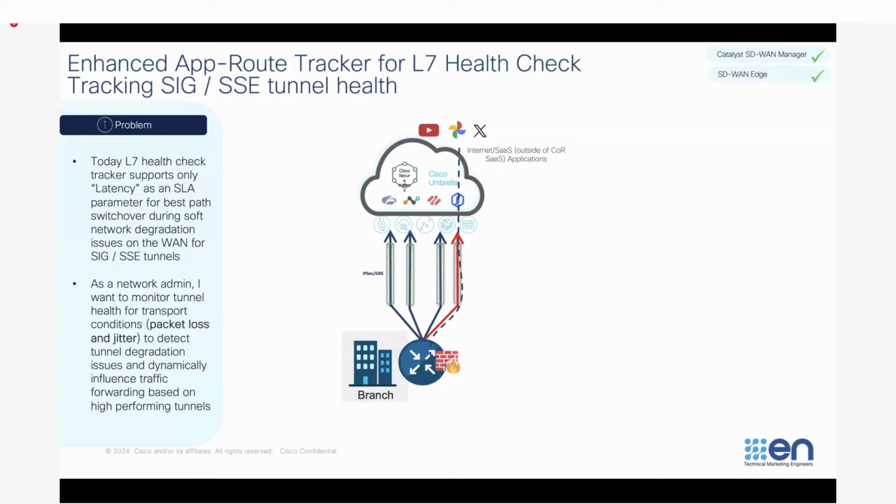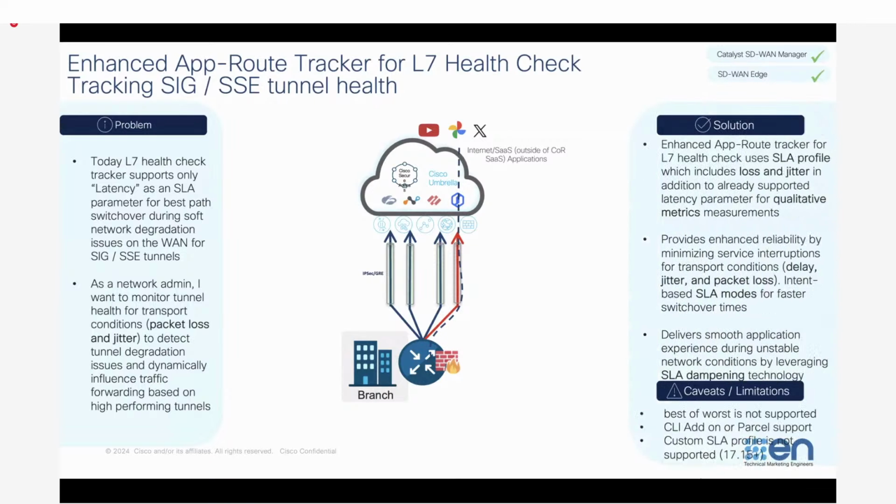So the solution is the enhanced app route tracker. There are certain key concepts here that I'll talk about in detail. We have the SLA profile, which will decide what kind of loss, latency, and jitter is going to be accepted on these tunnels, and the system monitors these.